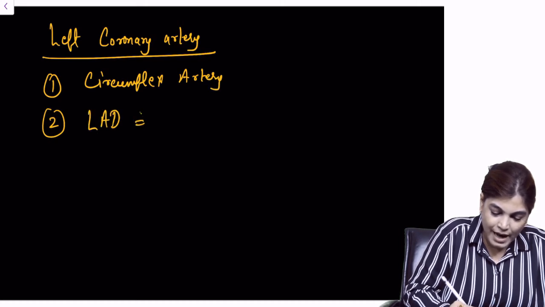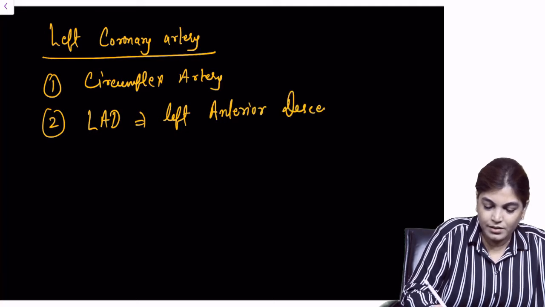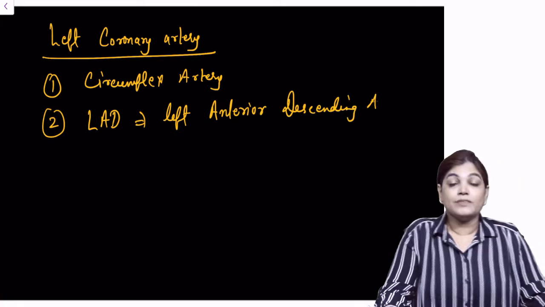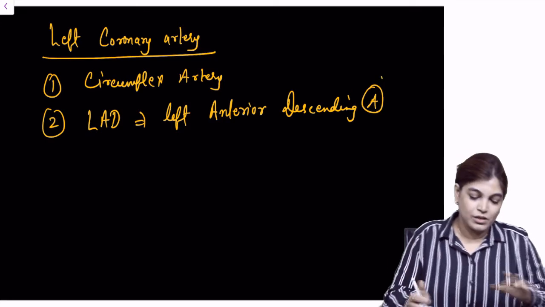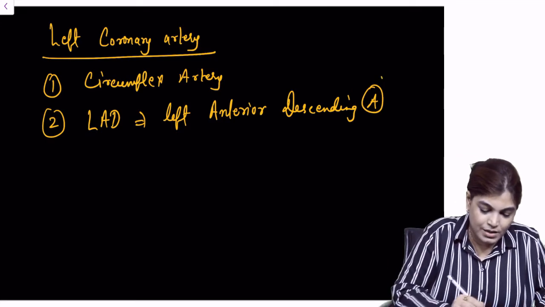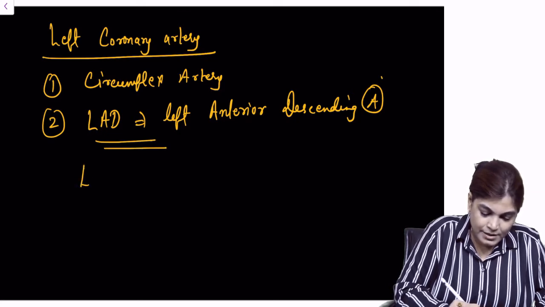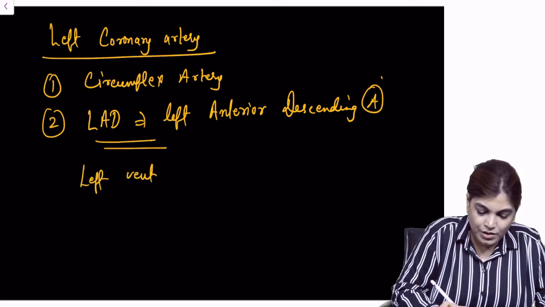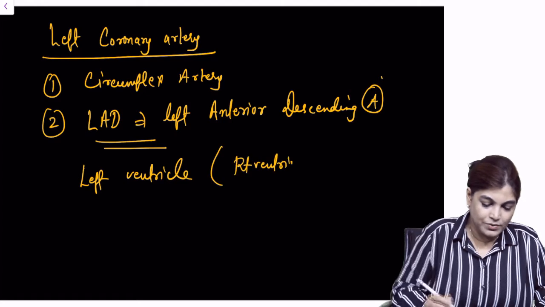LAD means left anterior descending artery. It is also called the left anterior interventricular artery, or anterior interventricular artery, and this is the major part. This artery is mainly supplying the left ventricle, but it also supplies part of the right ventricle. It's a very important branch of the left coronary artery.